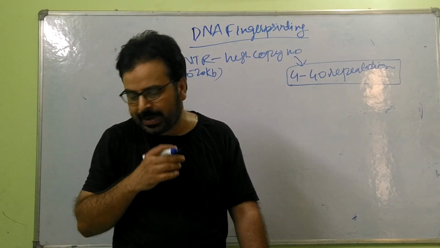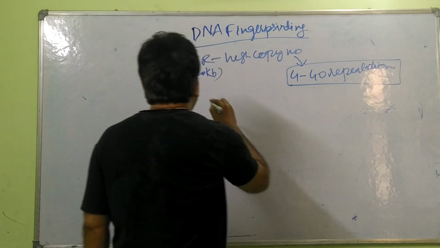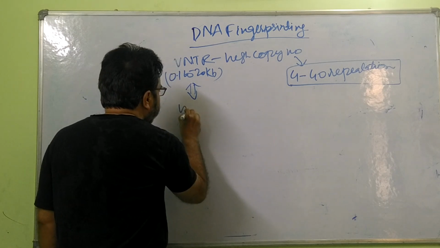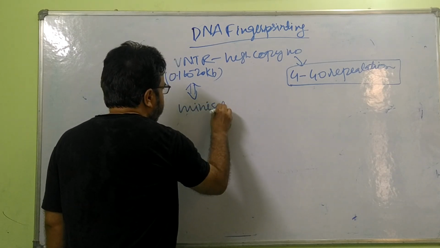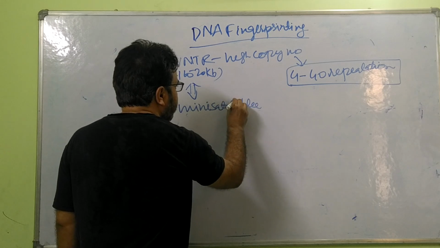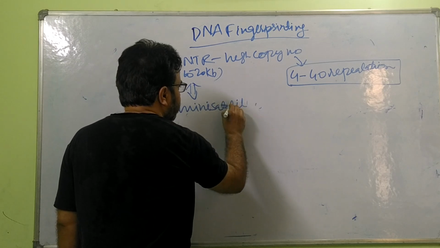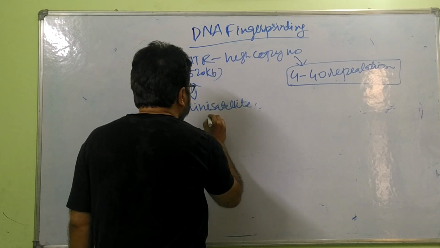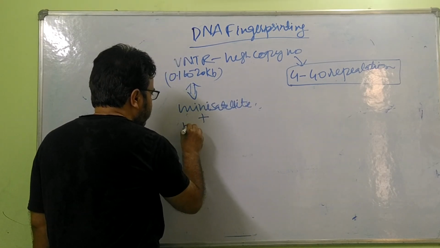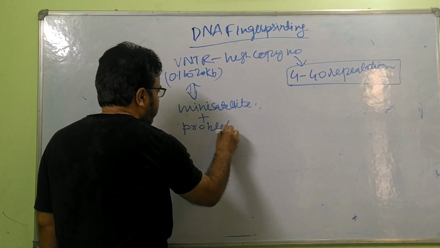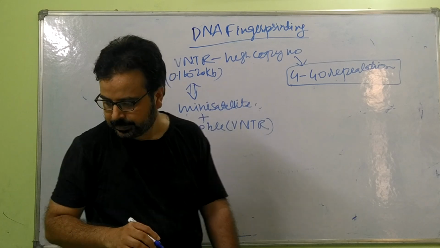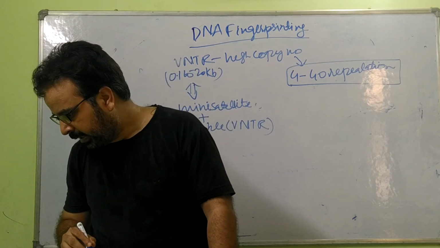So this is about the VNTR, equivalent to what we started with, the minisatellite, which was probed or hybridized with the VNTR probe.